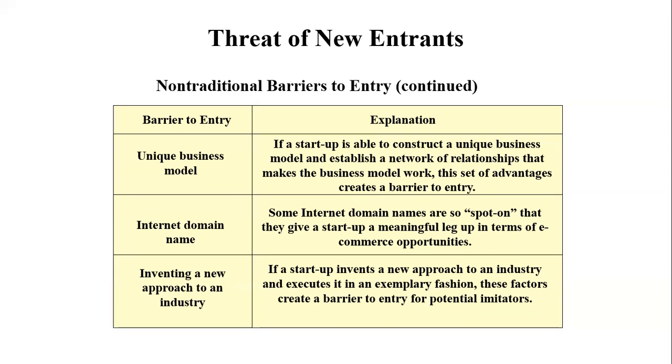Again, the internet domain name that a particular startup adopts can also be a good barrier to entry in the sense that some internet domain names are so spot on that they give a startup a meaningful leg up in terms of the e-commerce opportunities. So currently in Ghana, Jumia is facing this sort of competition from other e-commerce channels like Get for Less and Superprice.